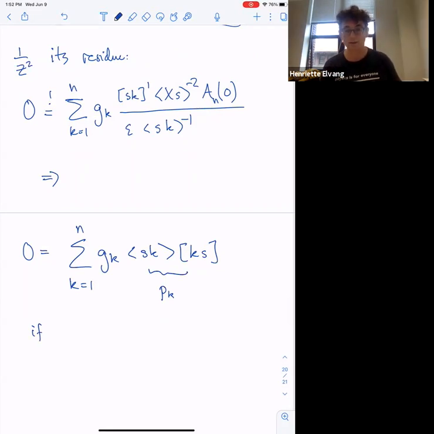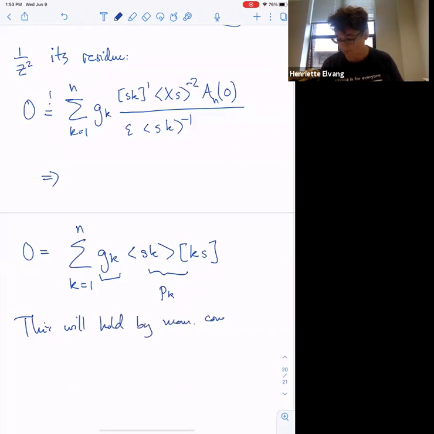And this can only hold, and it will hold by momentum conservation, provided that all the couplings are exactly the same and they're present and non-zero for every k. So this will hold by momentum conservation if and only if all the g_k are the same, and we know what that same is, it's kappa.